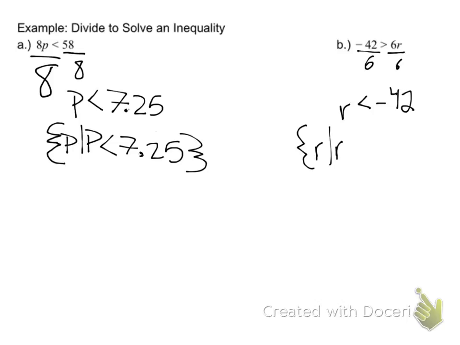Careful. Just because a number is negative, does that mean you have to switch it? When's the only time you switch it? When multiplying or dividing by a negative number. You only divided by a positive 6. You're good to go.